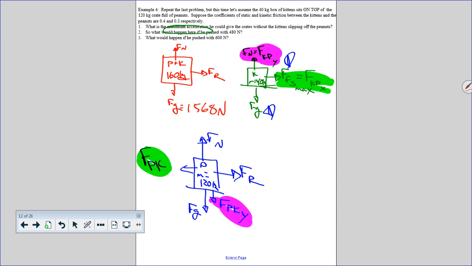Okay, so everybody good with that? And so our normal force is also going to be 1568, right? Yeah, it's 156.8, right? 16 times 10, it's not 16, it's 160. I guess we all made that error then.